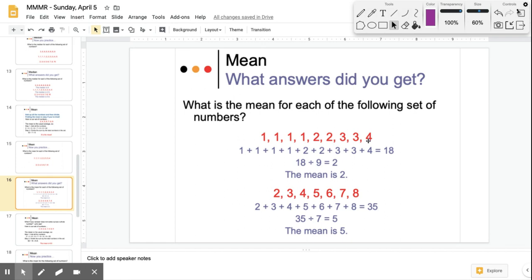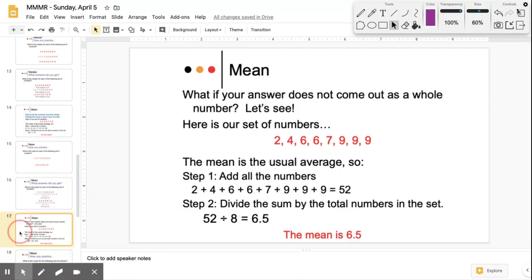There are 9 numbers that we added together. 18 divided by 9 is 2. Therefore, the mean is 2. In the second example, if we added all the numbers, it gave us a sum of 35. There are 7 numbers in this data set, so 35 divided by 7 is 5, so the mean is 5.